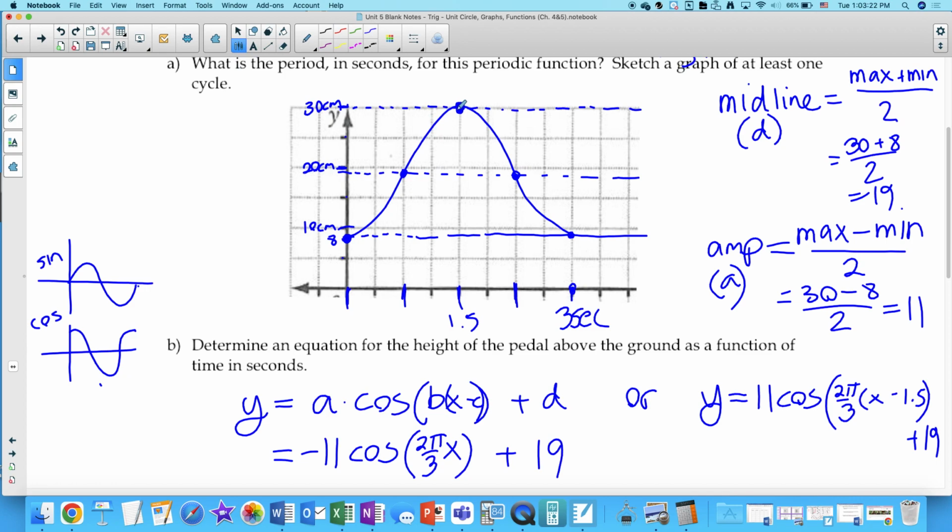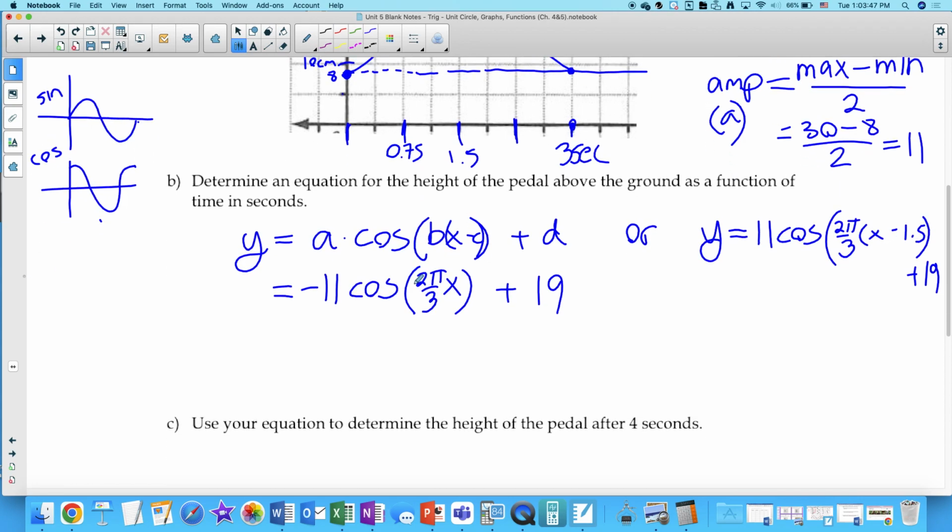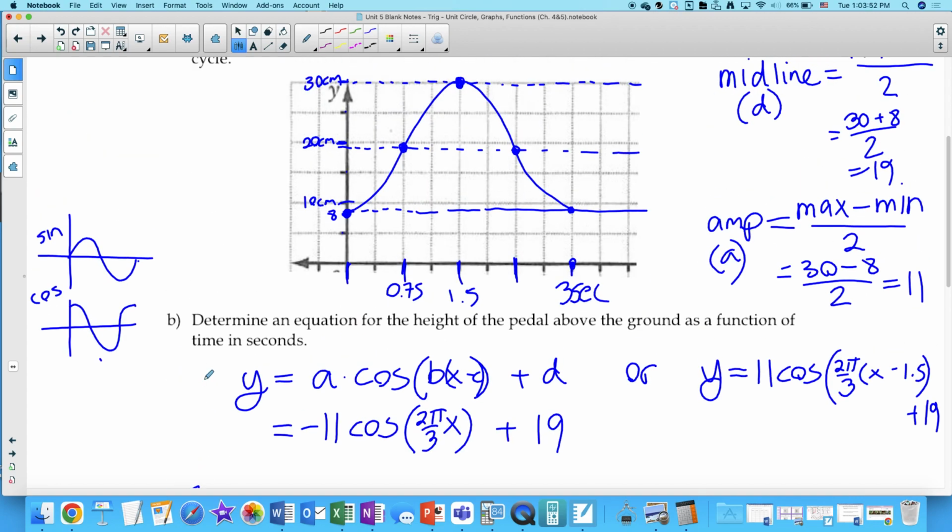Okay? There's another option. The other thing you could do is write this as a sine function. Now, if it's a sine function, the starting place would be right here in the middle on the upswing. That's 0.75 seconds between 0 and 1.5. Okay, so here's another option. If I chose to do a sine function with this specific phase shift, sine starts on the upswing, so the a value will be positive.